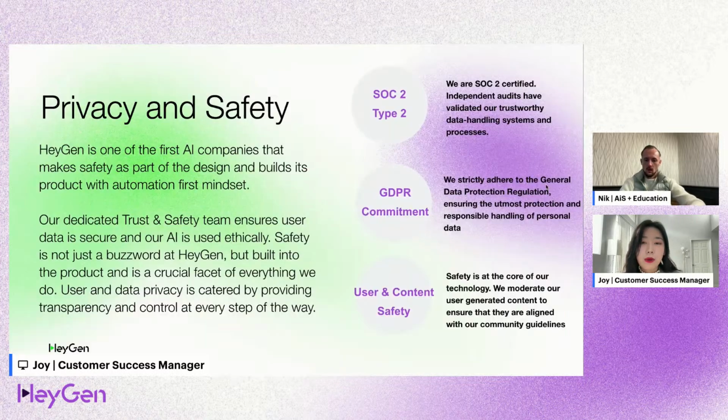Yeah, and also because today we are talking about AI and how you can use AI to create content, we are also very concerned about AI safety and our users' privacy. If you see in these slides, HeyGen is SOC 2 Type 2 certified, and we also strictly adhere to GDPR.